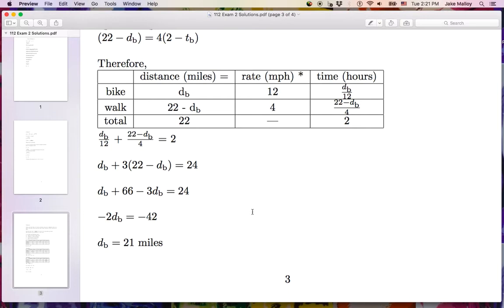Now I could use this process to figure out what my distance walking was. Of course, that'd be 22 minus 21, so 1 mile walking. And I could also plug those in to figure out how much time that was. So 21 twelfths would be my time biking, and 1/4 would be my time walking.